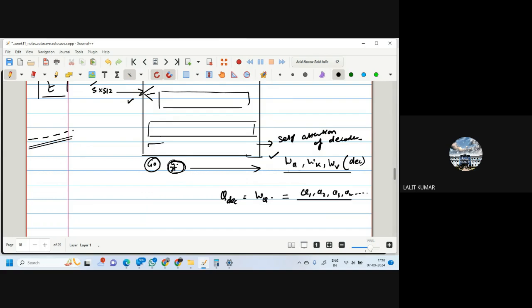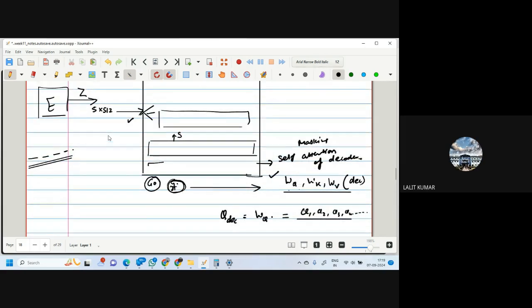Using this WQ, WK, and WV with masking, we get an output here, S. And this WV, WK, WQ, let's call them W2.